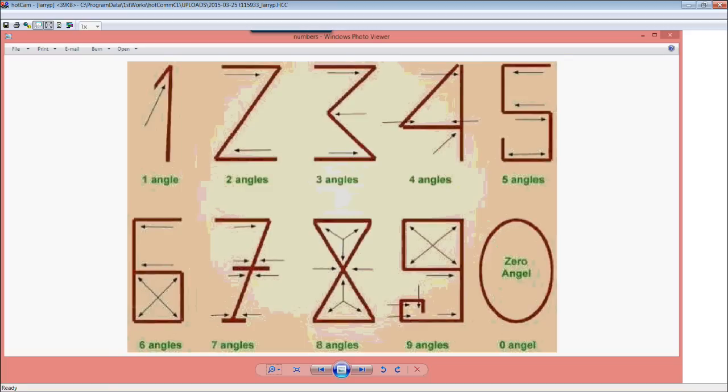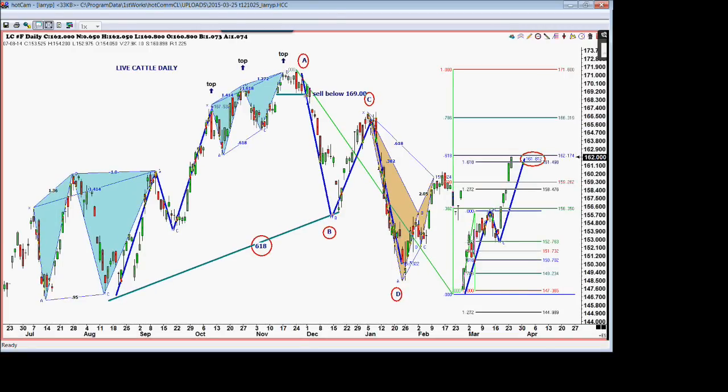And I wanted to bring out a chart on live cattle that we've talked about several times before, because we've been watching this for quite some time, and you'll be able to see here, just as soon as I can get this posted, that we are right up at a 61% retracement now in the April cattle, up around this 62 level. We could get as high as 66 up at the 786.